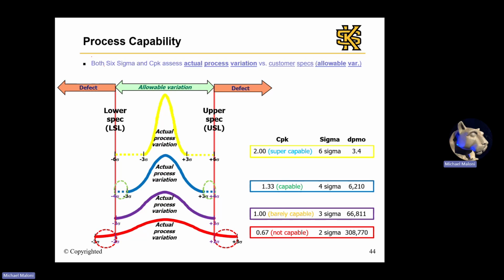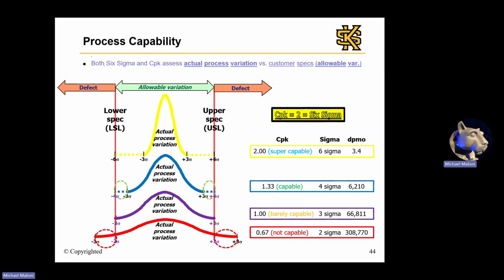So a CPK of 2 is equivalent to a 6 sigma process. The process is extremely capable of consistently producing within customer specs. It will almost never produce outside of customer specs, meaning virtually 0 defects.